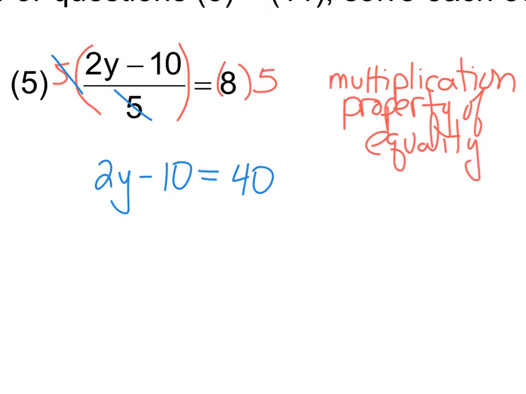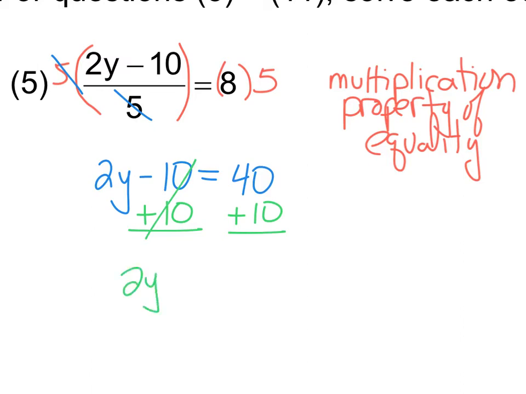Next move. Add a 10, yeah. So I'm going to add a 10 to both sides. I'm going to go green. Is that visible? Yeah, it's visible enough, right? So cancellation there.